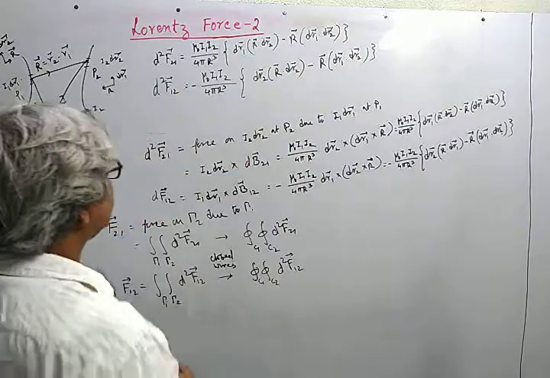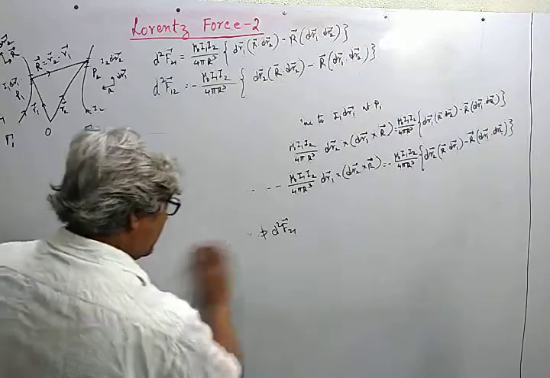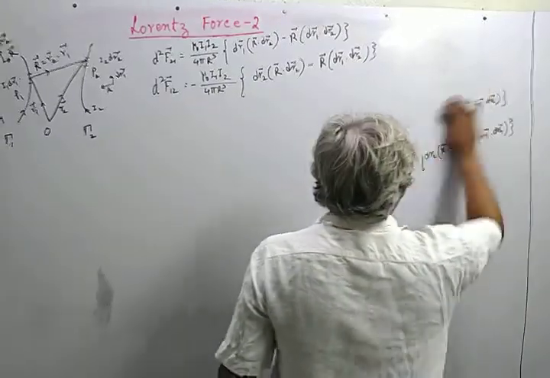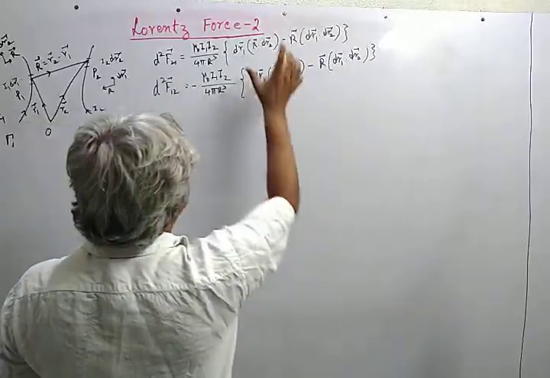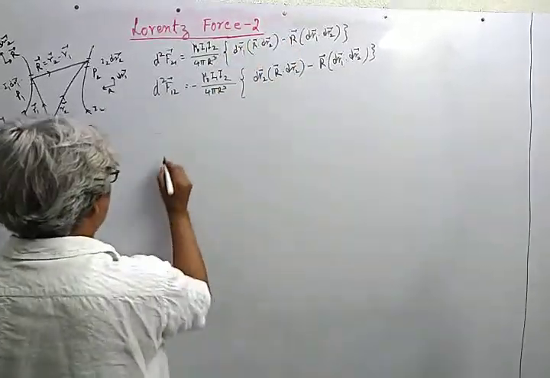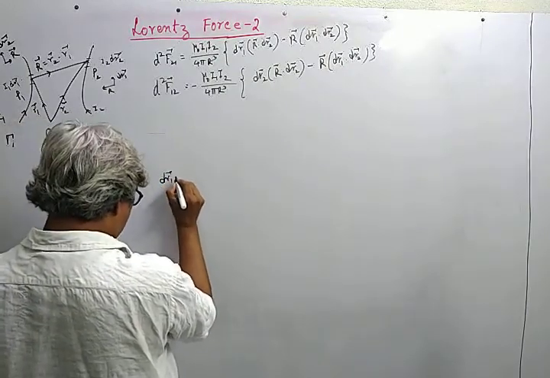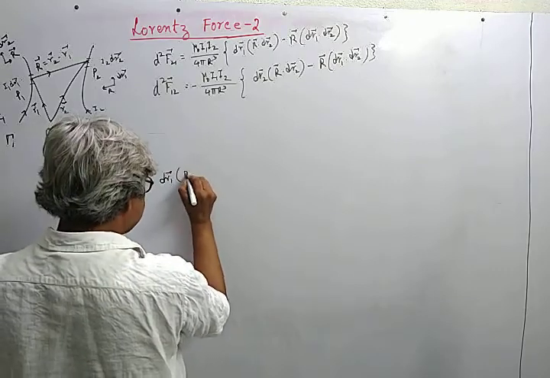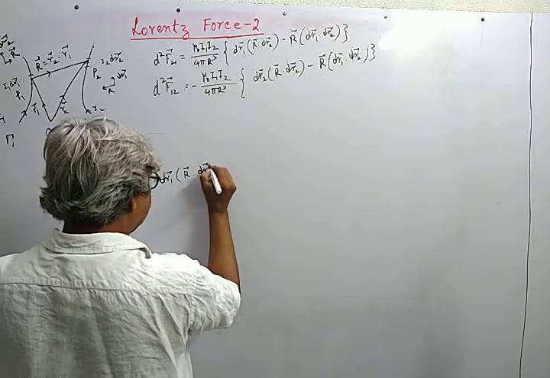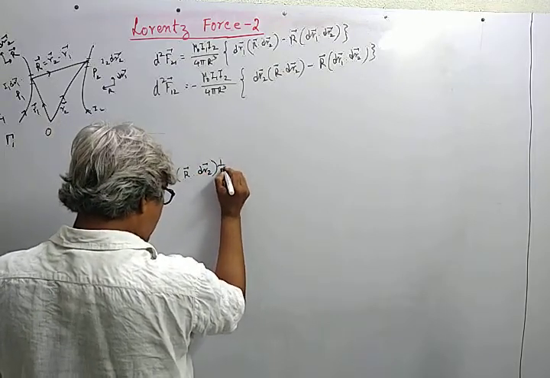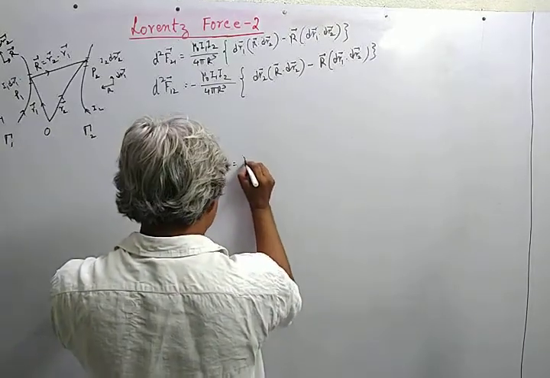So let me consider what happens to the term which appears to be in problem. If we consider this term together with r cube, we have dr1 times r dot dr2 by r cube.